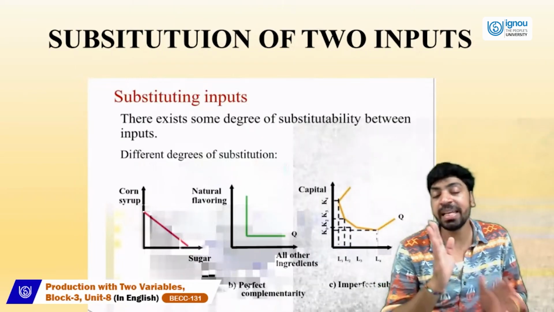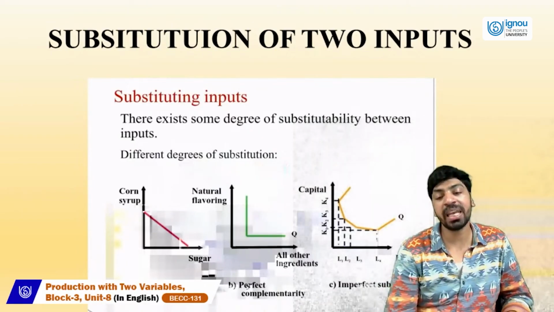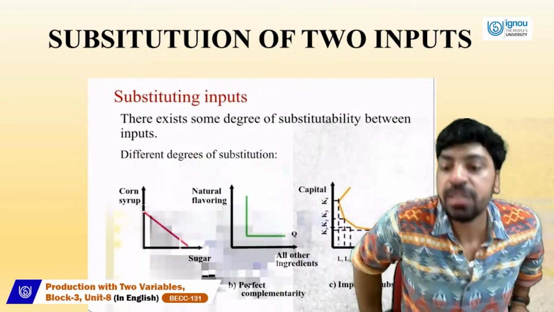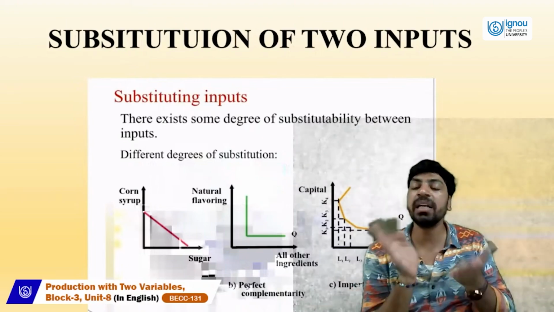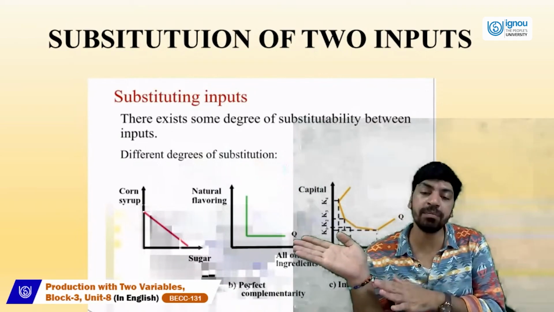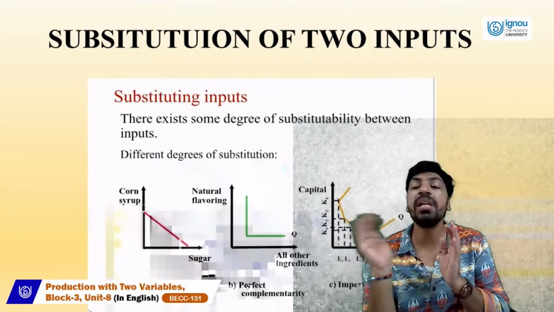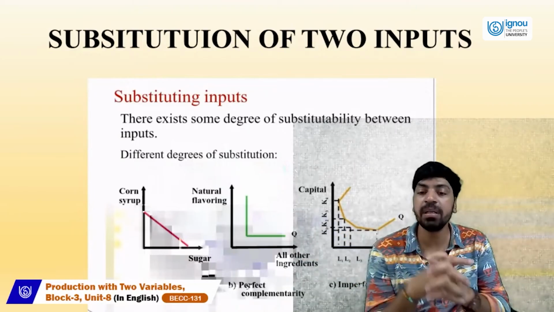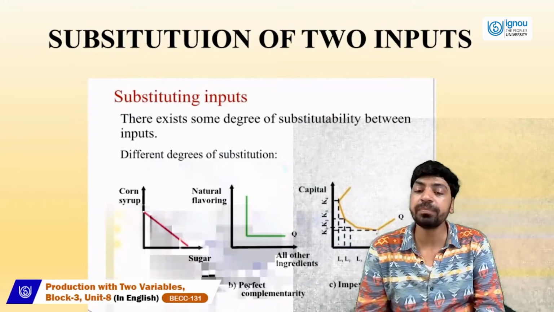If there is any change in one input, it will automatically change the other input or ingredients. When we talk about imperfect substitution, we talk about more or less of one input against another. A change in one input could be more or less than the change in the other, that is capital and labor.